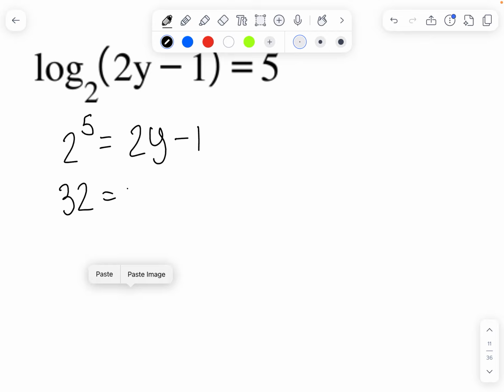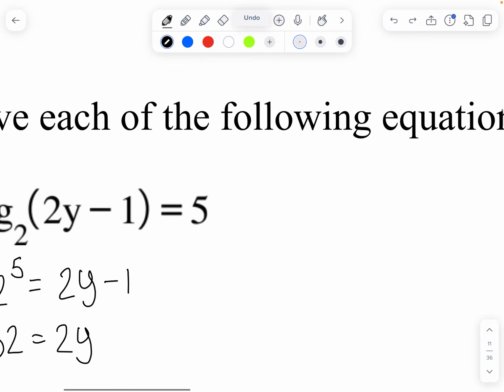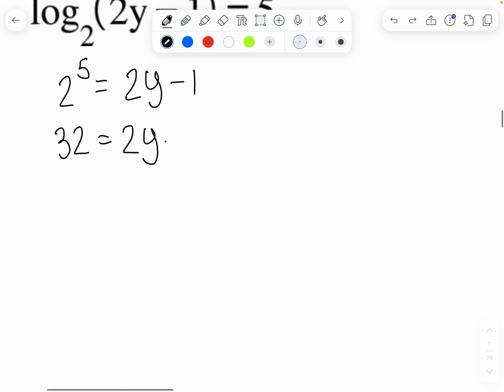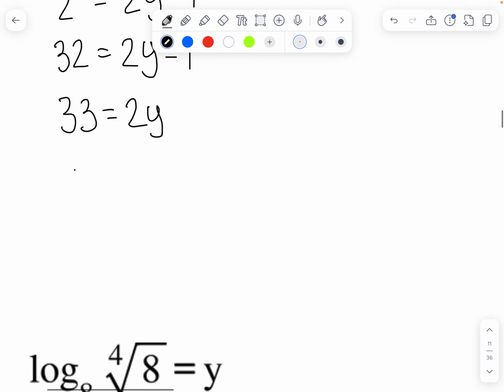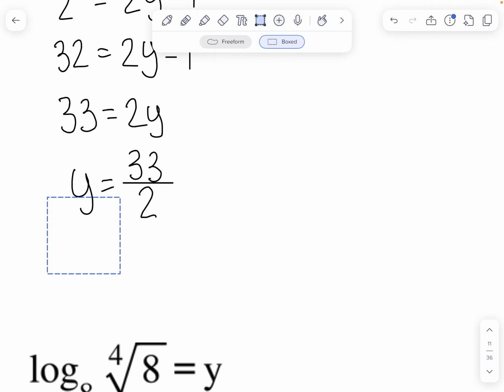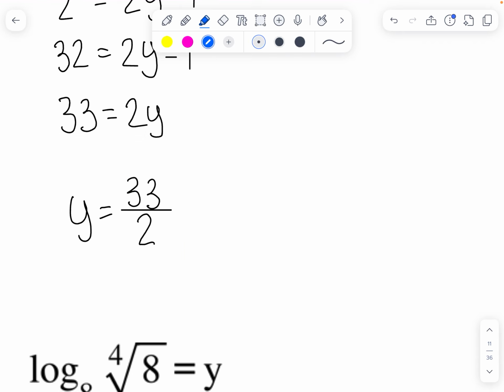So 32 equals 2y minus 1. And this becomes 33 equals 2y, and y equals 33 over 2. And this is our first answer.